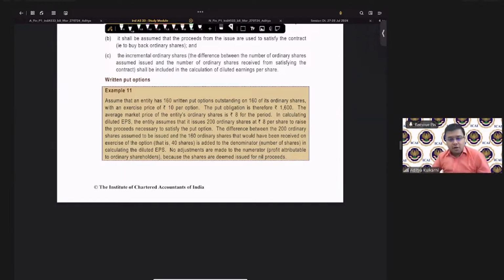ESOPs is the same as options what we saw. It will not add anything in the numerator. And ESOPs that you have given, you have to assume that they will be exercised in totality and add it in the denominator. So that is the only impact. ESOPs are dilutive. Any option is dilutive because it does not impact the numerator, but it adds the shares in the denominator. So in that sense, ESOPs definitely are dilutive.